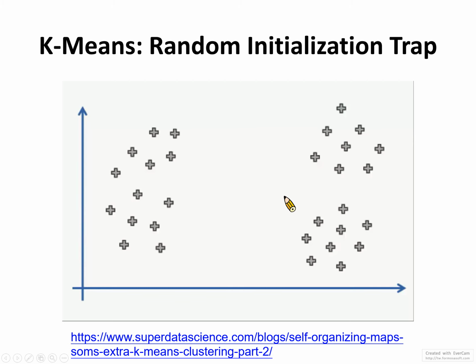However, if the initial locations of the centroids are not ideal, for example, in this case you put 2 centroids in the same cluster, then you will never find out these are 3 clusters, because these centroids will never go away to the other clusters. If you look at the whole algorithm, one of the important steps of the K-means algorithm is to find the centroid.